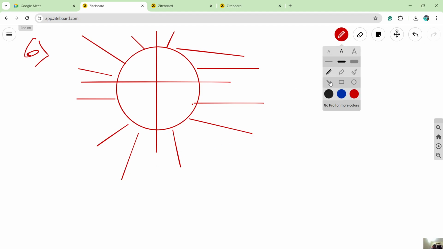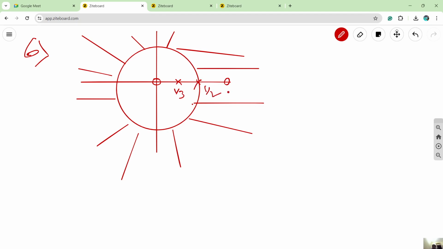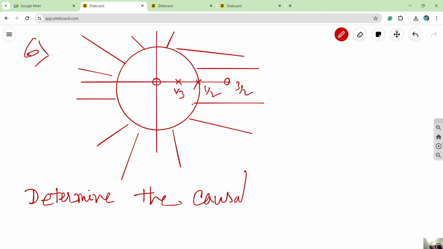Here are some poles and zeros: zeros at 0 and 0, and poles at 1 by 3 and half. Determine the causality and stability.